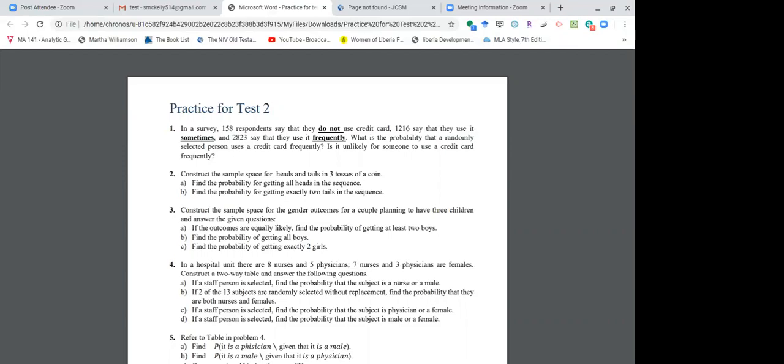Construct the sample space for heads and tails in 3 tosses. Well, you could do 3 tosses of 1 coin, but it's the same thing. It comes out the same, there's going to be 8 combinations altogether.